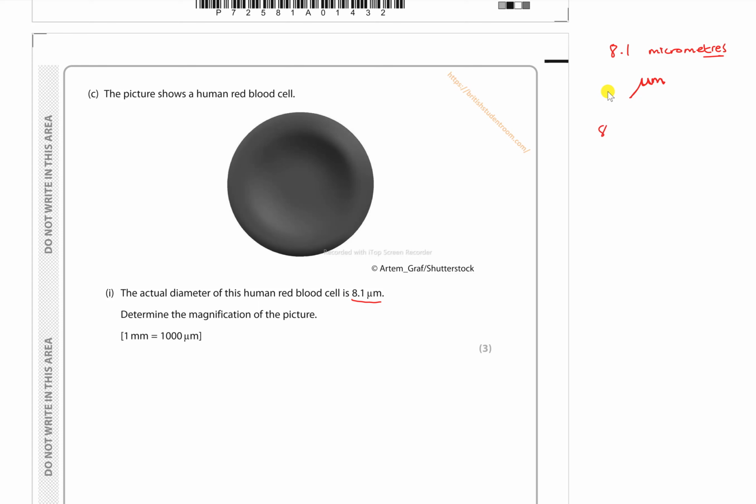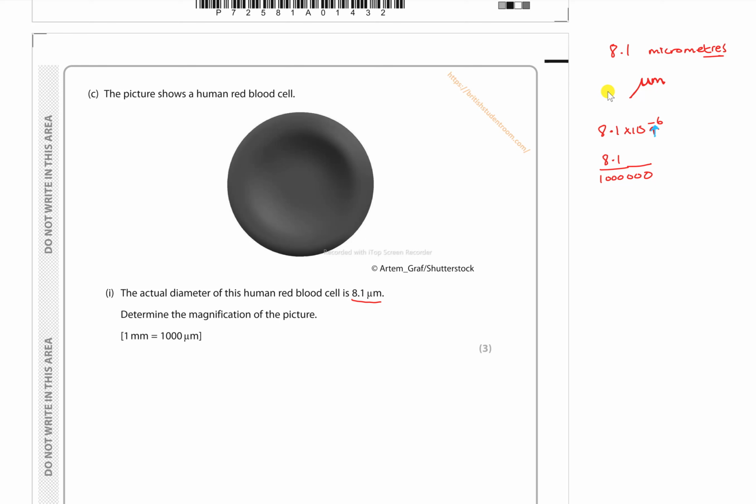So it's 8.1 times 10 to the minus 6, or 8.1 divided by 1 with 6 zeros. That's what that minus means. This is where you've got to be comfortable with your maths.